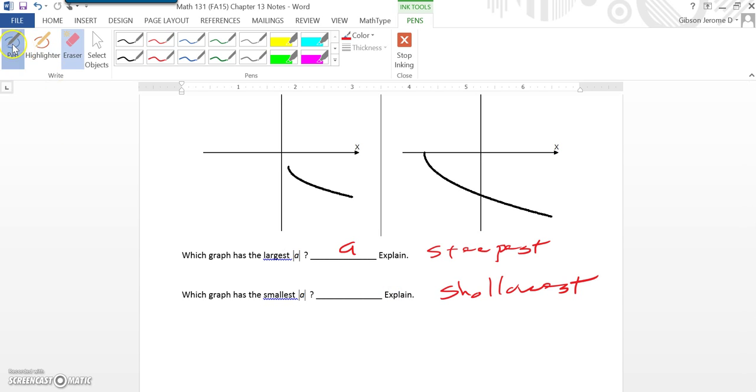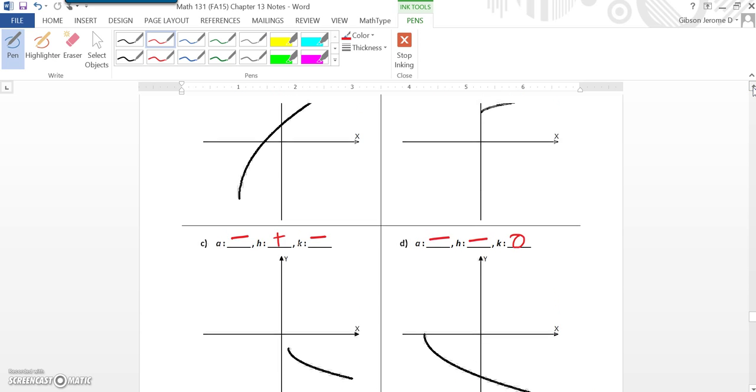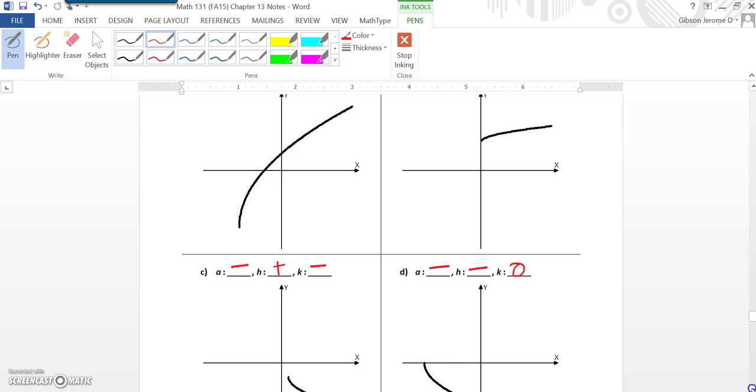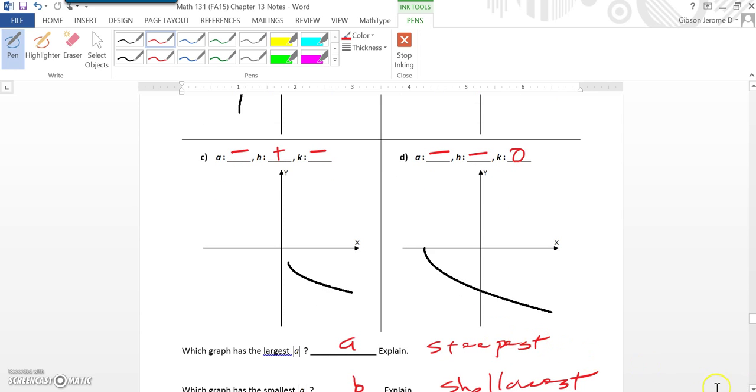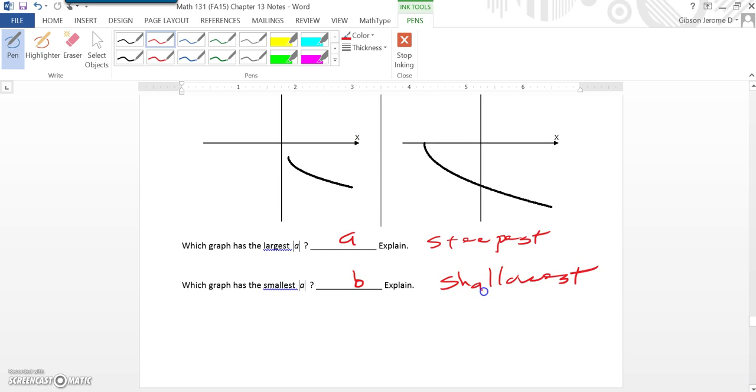Now we can take a quick look at it. Let's take a look at A. Notice here it's the steepest. And B is the shallowest compared to the other graphs. So this is the final answer, and we are done.